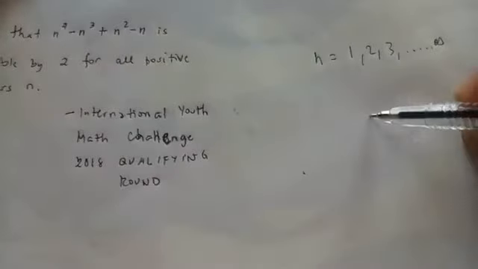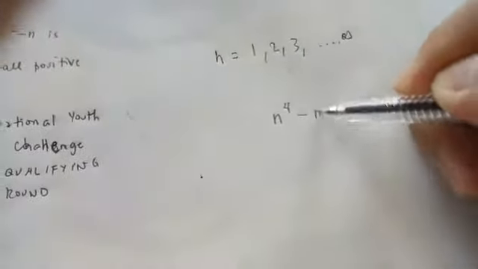So from n raised to the power of 4 minus n raised to the power of 3 plus n raised to the power of 2 minus n, we factor by grouping, extracting n squared. It becomes n squared times n squared minus n, plus n squared minus n, and n squared minus n is the common factor between the two terms.